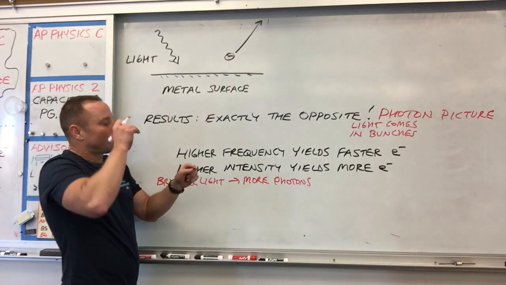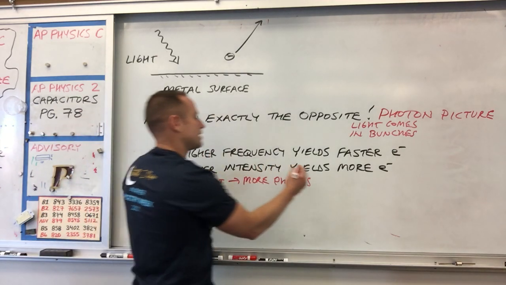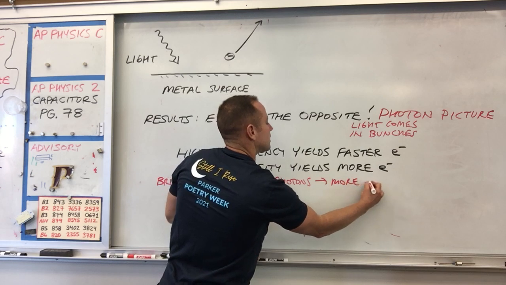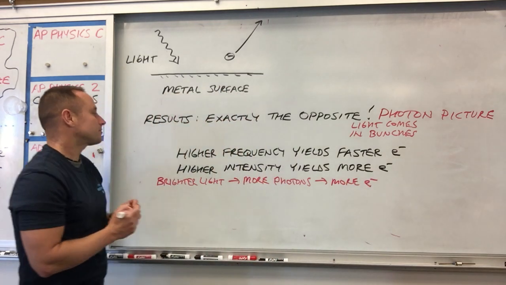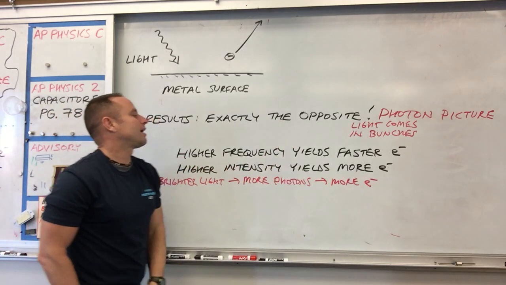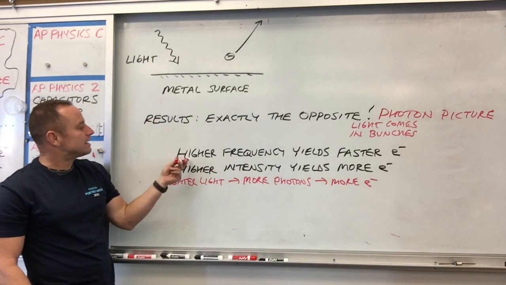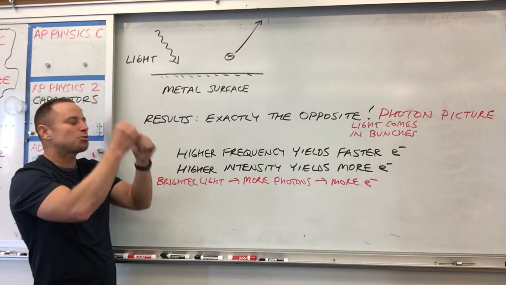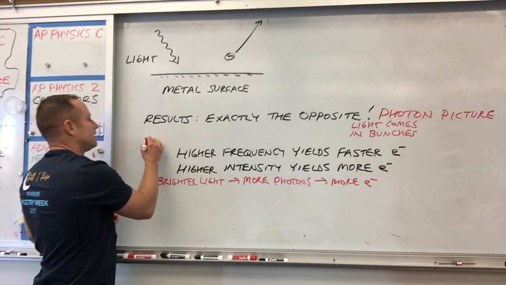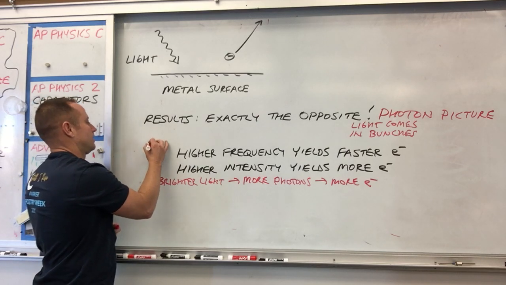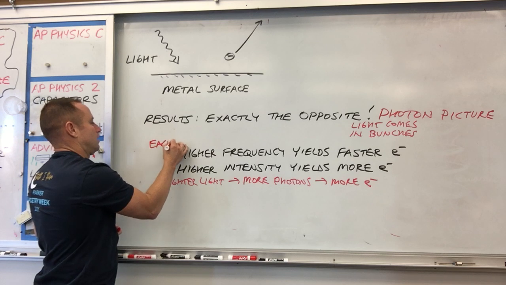And then if each photon is responsible for knocking an electron off, well, then you get more electrons. The tougher one to come up with was this one. The idea here is that as you turn the frequency up, each photon actually has more energy.